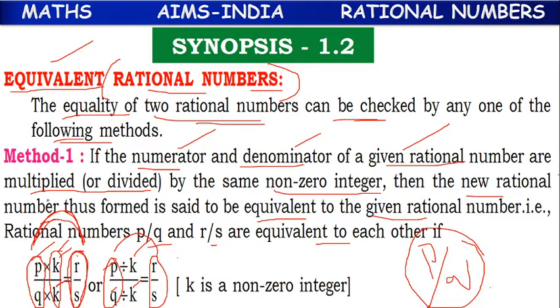If both of them are multiplied or divided by the same non-zero integer, then we will get a new rational number that is said to be equivalent to the given rational number. So p by q and r by s both are equivalent to each other. But here the condition is k to be a non-zero integer. We can multiply with k or we can divide with k.